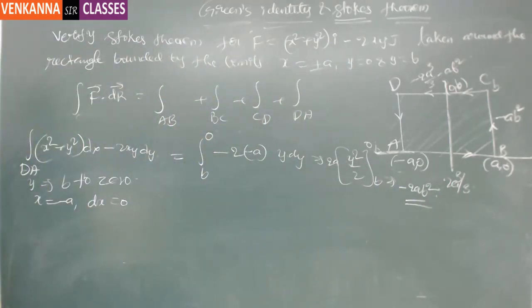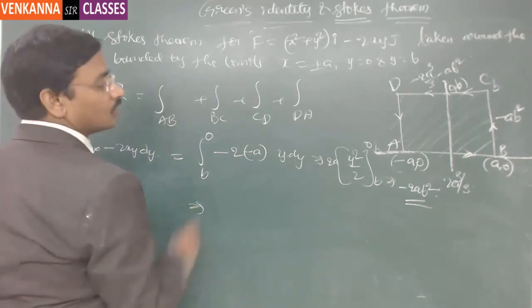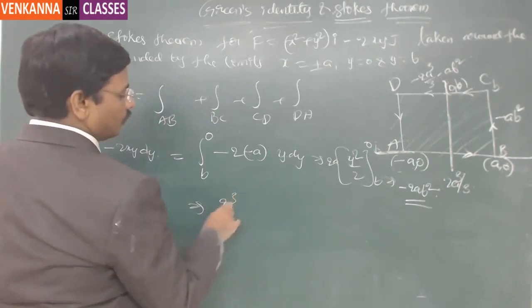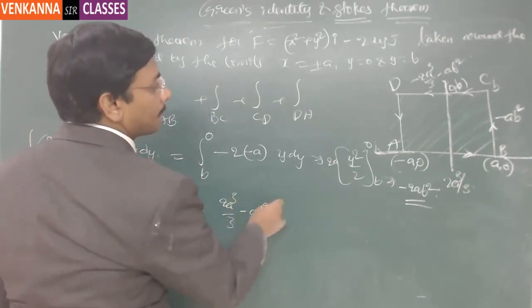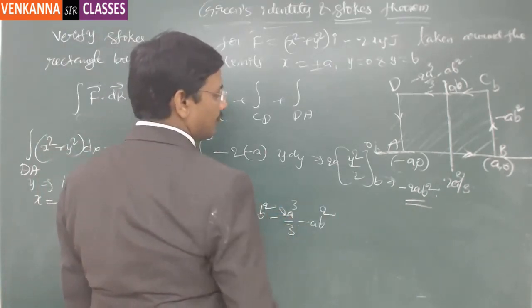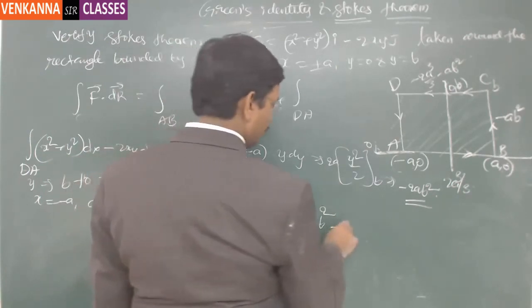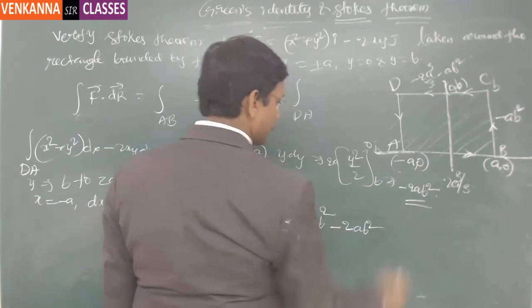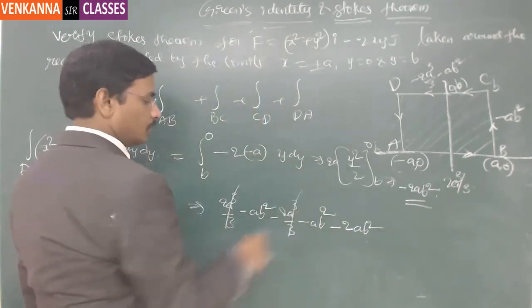So if you add all the integrals, these values are coming out to be: one is minus a b square, then minus 2a cube by 3 minus a b square, and then this last integral is coming out to be minus 2a b square. The 2a cube by 3 terms will cancel out.